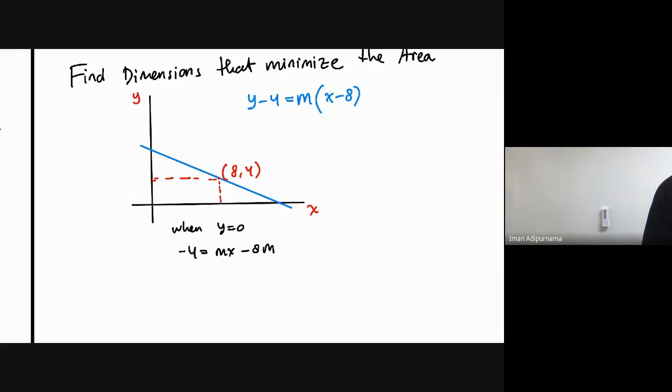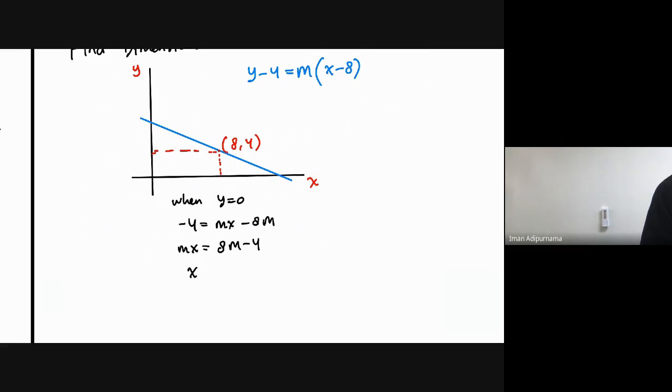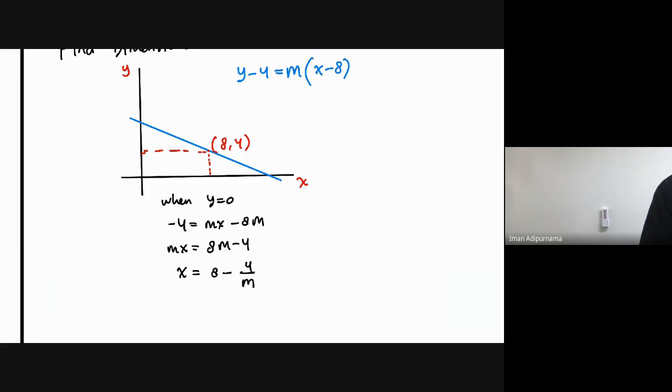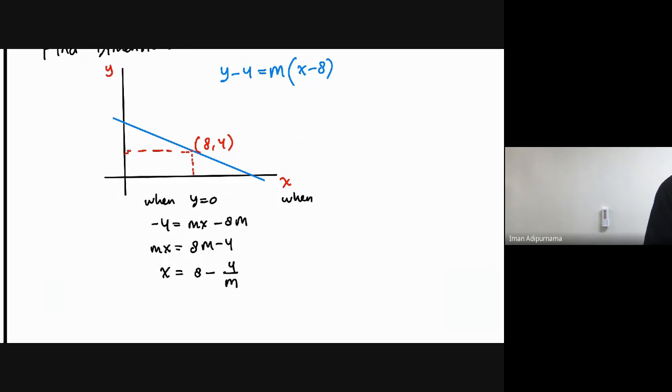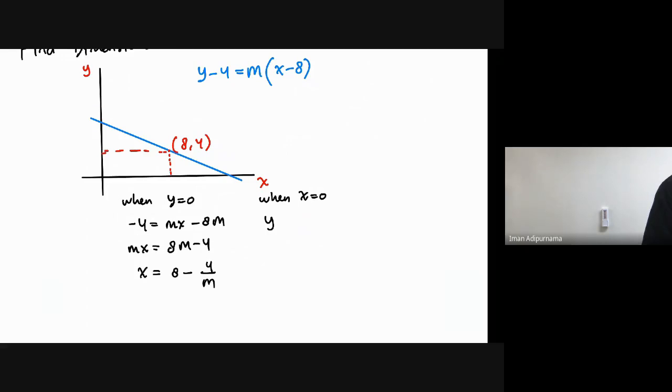Let me solve for x, and also when x is 0, so y is 4 minus 8m.